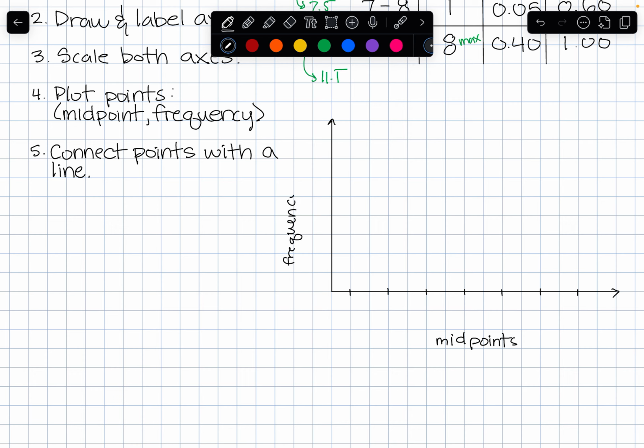And then my next step is to scale those axes. 0, 2, 4, 6, 8. And then negative 0.5, 1.5, 3.5, all the way down.